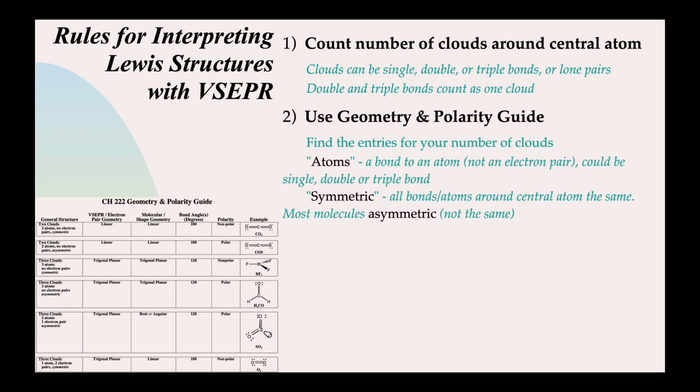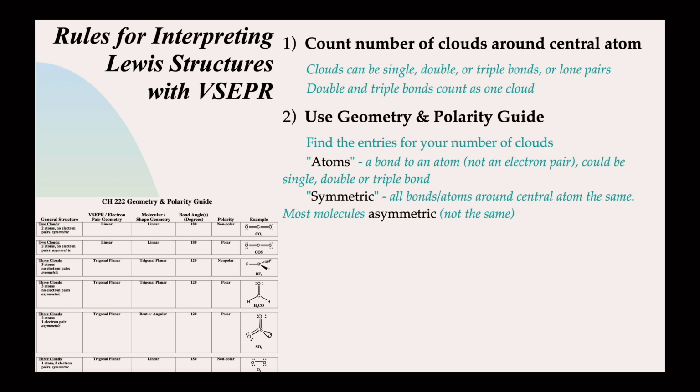So you want to find out then of your clouds how many are connected to atoms, and that's the number of atoms. So you can see there under 3 clouds in the lower left-hand corner, when you go towards the bottom, 3 clouds, 2 atoms, 1 electron pair is one of them, and the next one's even 3 clouds, 1 atom, 2 electron pairs. So notice that atoms plus electron pairs equals numbers of clouds, and you just want to find out which one you have.